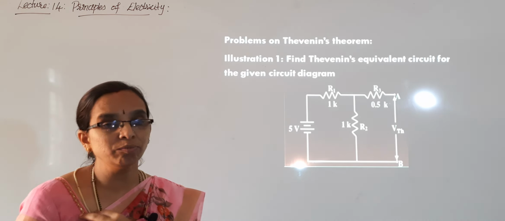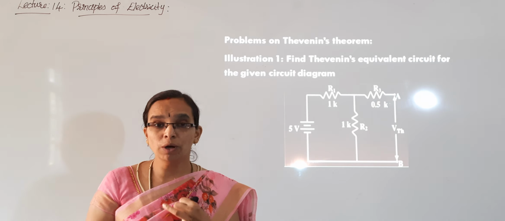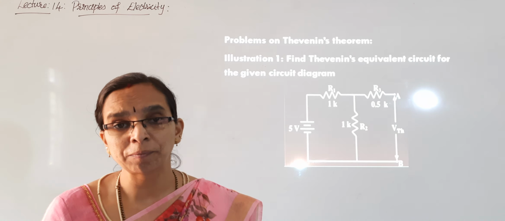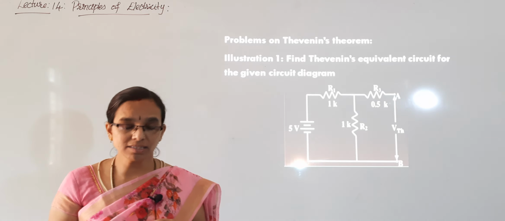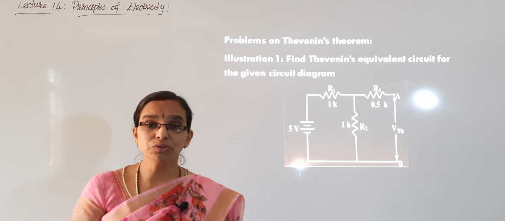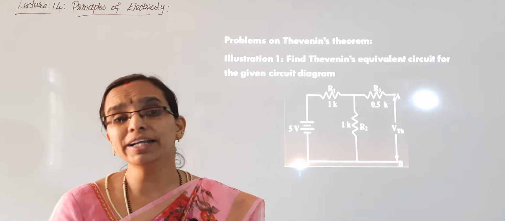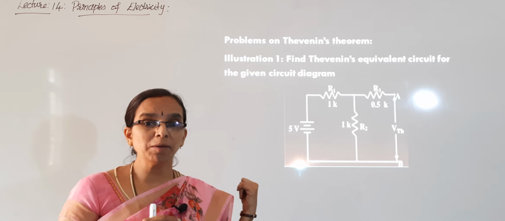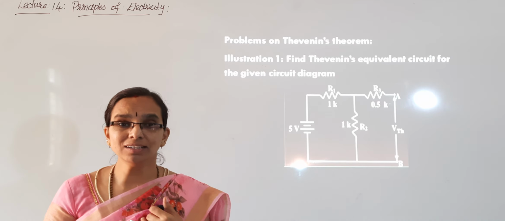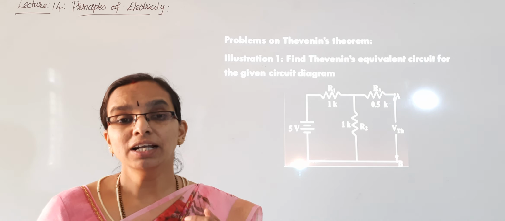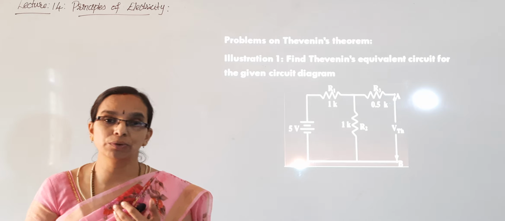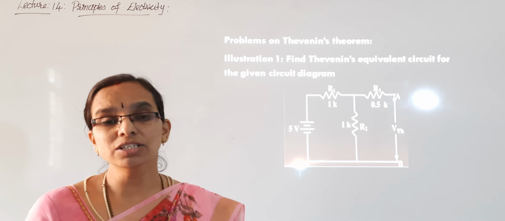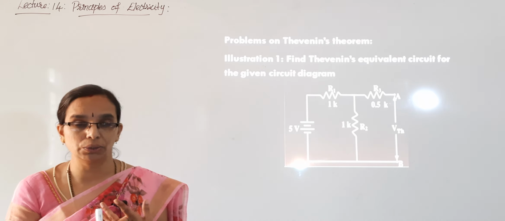In Thevenin's theorem, you will get two kinds of problems. One, they will ask to find the Thevenin's equivalent circuit, and the other, they will ask us to find the current and voltage through a particular resistor. Here, in this type, our final answer should be the Thevenin's equivalent circuit. To draw that, we have to find VTH and RTH, then draw the equivalent circuit, right?